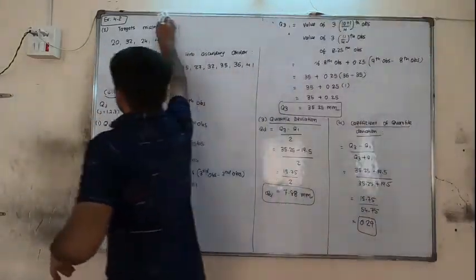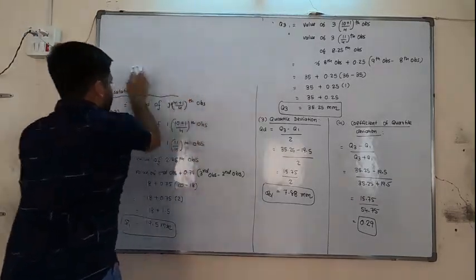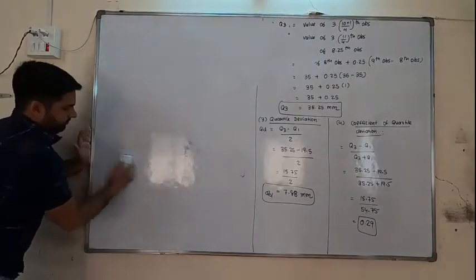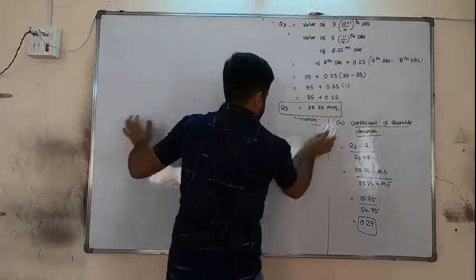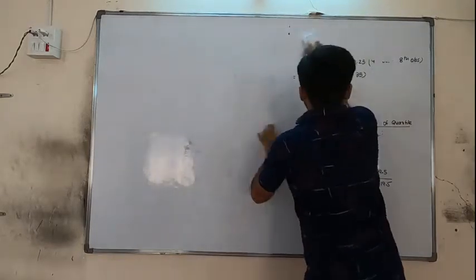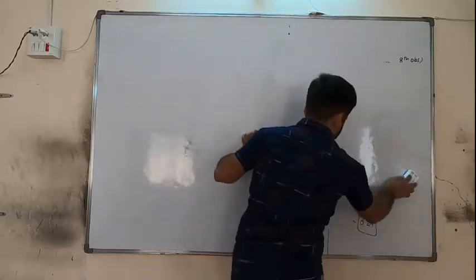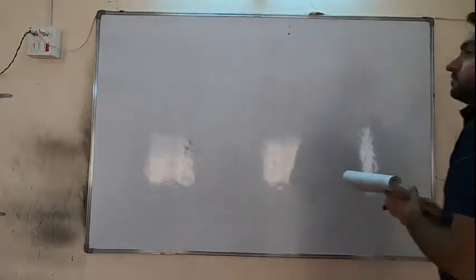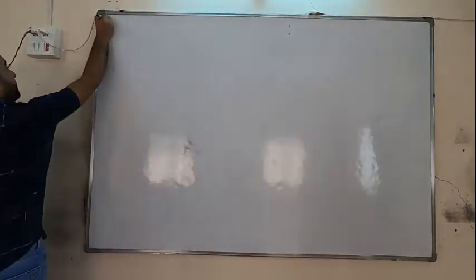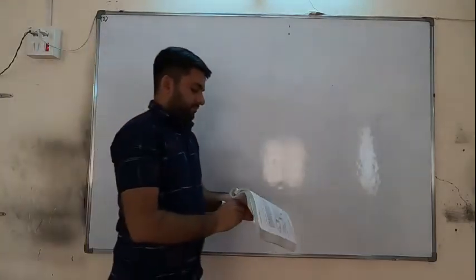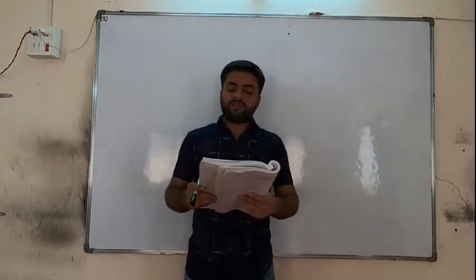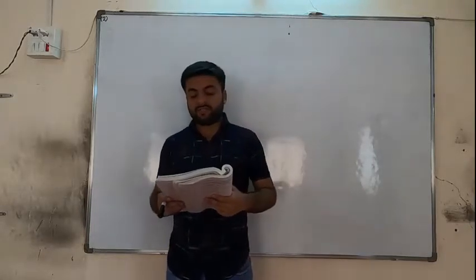Second sum. Find quartile deviation and coefficient of quartile deviation of marks from the following frequency distribution of marks of 43 students of a school.